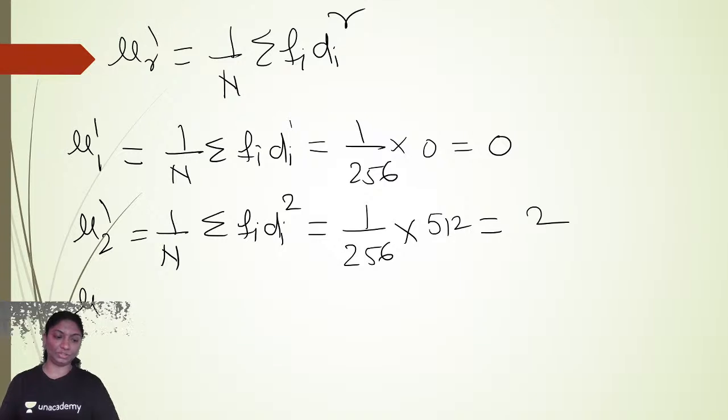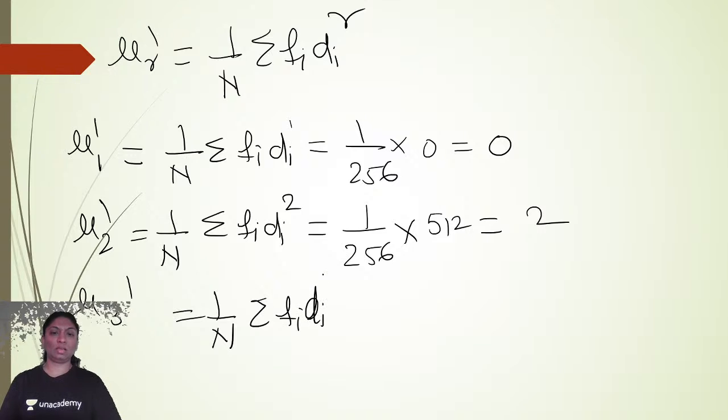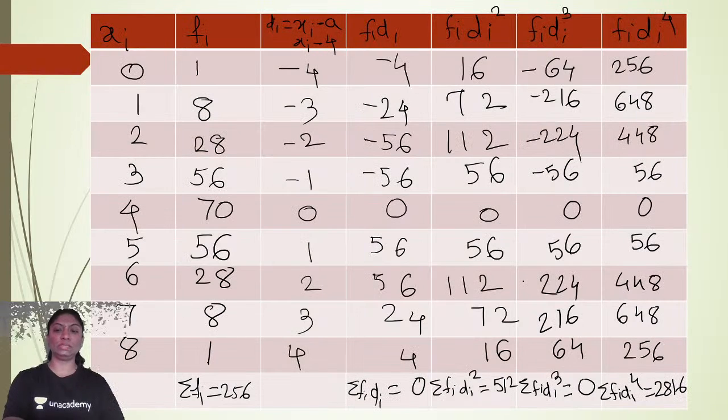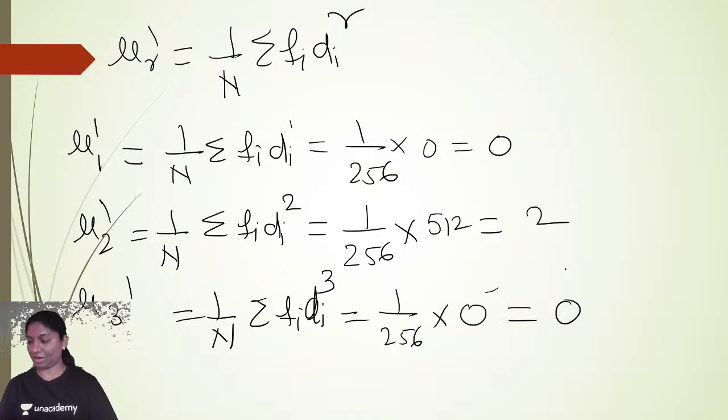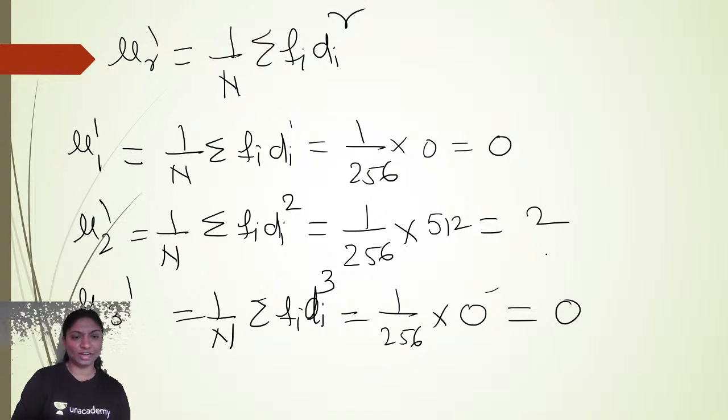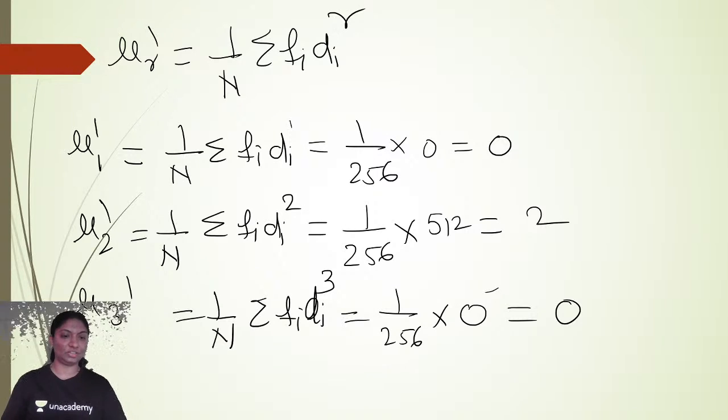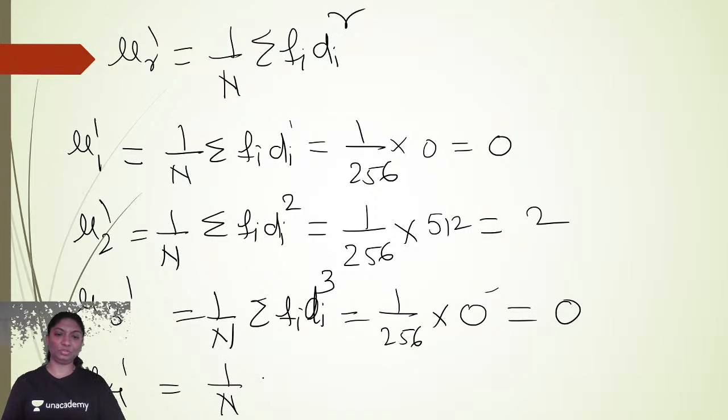Now mu3 dash is 1 upon n summation of fi di cube, which is equal to 1 upon 256 into summation of fi di cube, which is 0. So again mu3 dash is 0. Now your calculation efforts are reducing. If you are getting 0 many times, then calculation efforts are reducing. Once you are getting 0, you should be happy.